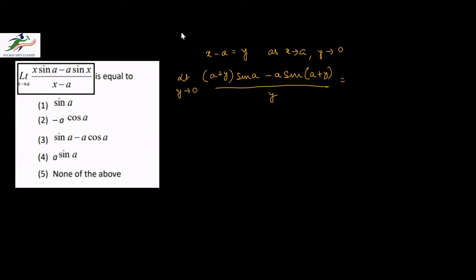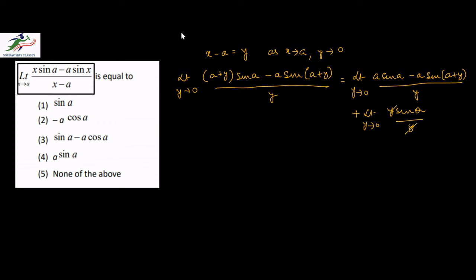So this is equal to the limit as y tends to 0 of a sin a minus a sin of a plus y over y, plus the limit as y tends to 0 of y sin a by y.